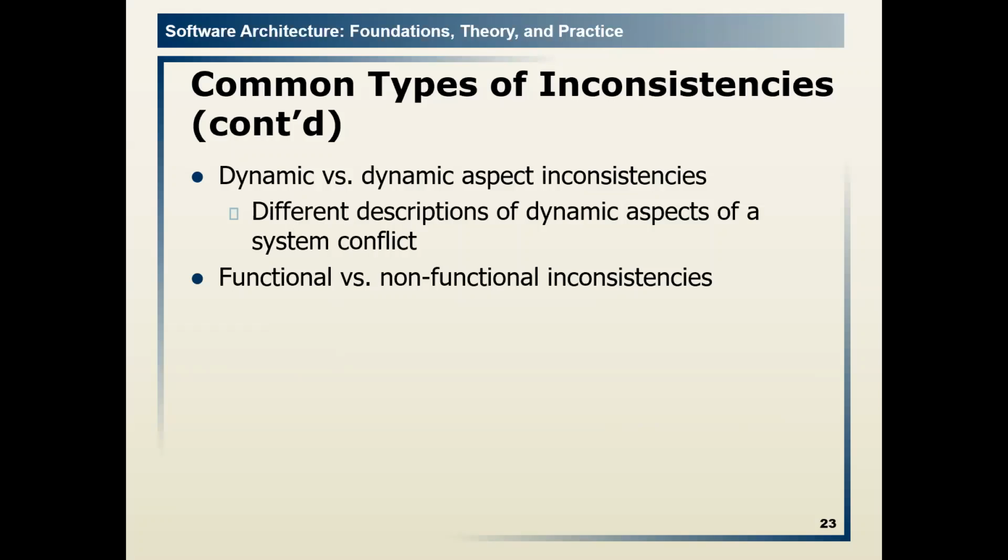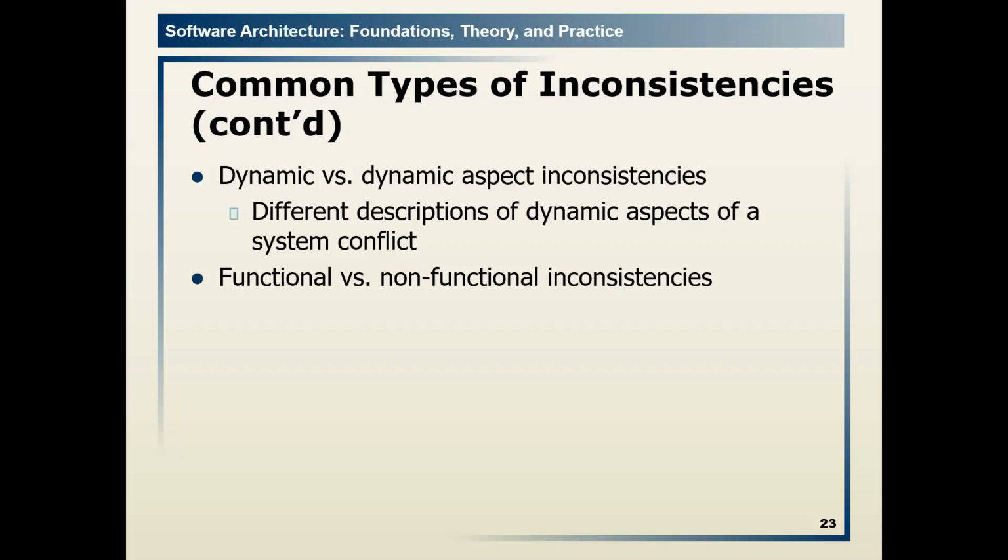You might show different descriptions of a dynamic aspect in a diagram, whereas the actual dynamic aspect is something else, right? So the dynamic diagram shows something different to the actual dynamic aspect. That we call the dynamic versus dynamic aspect inconsistencies.